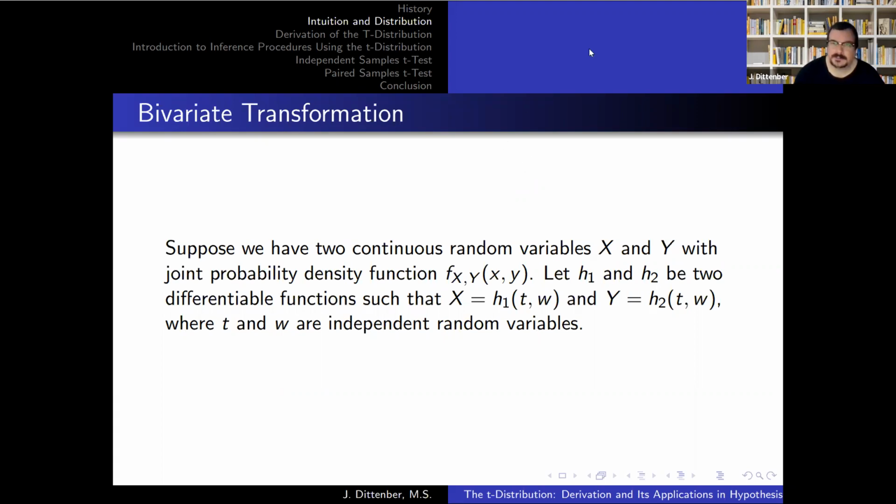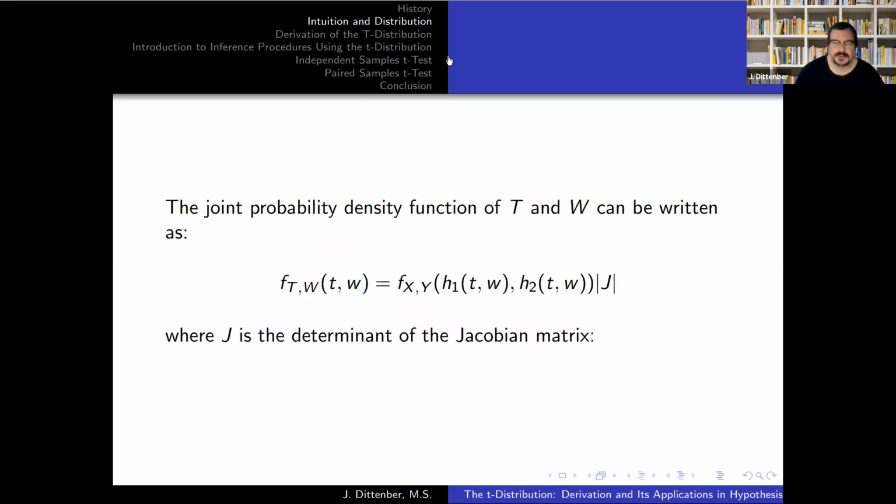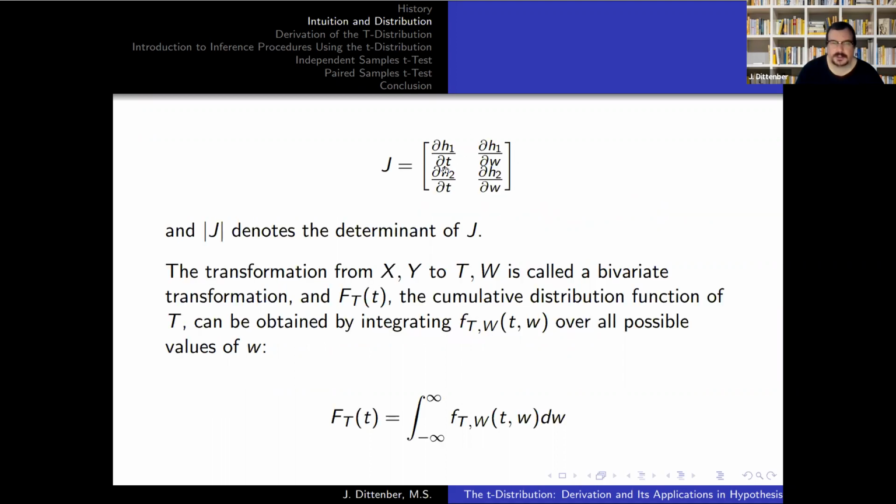So now let me just walk through this. Basically, we want this formula here. We're going to take this and transform it into simply f of t. So we're going to take these two, h1 and h2, and then take the Jacobian to get this value here. So what's the Jacobian? We're going to take the determinant of the matrix of these partial derivatives.